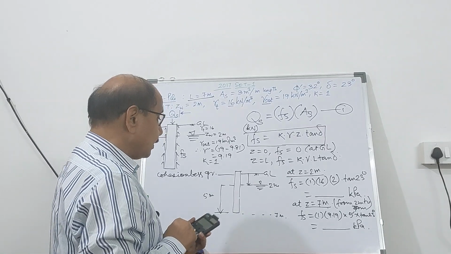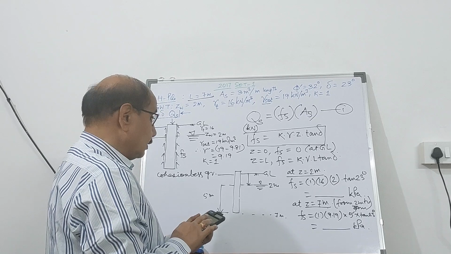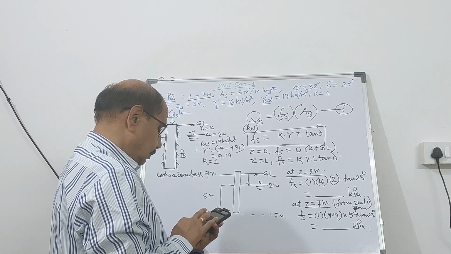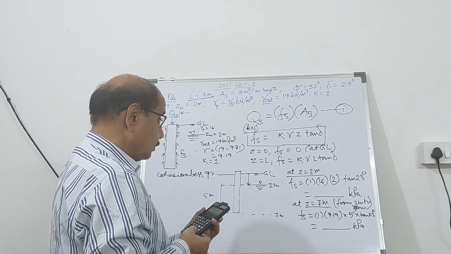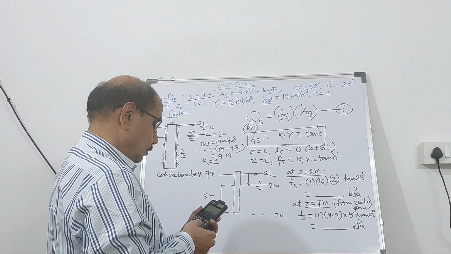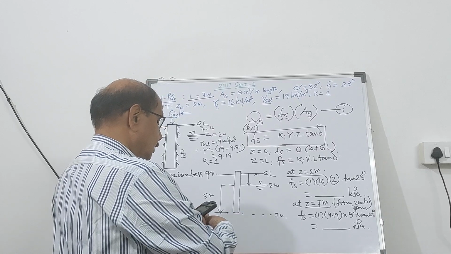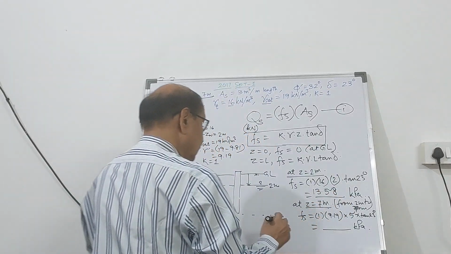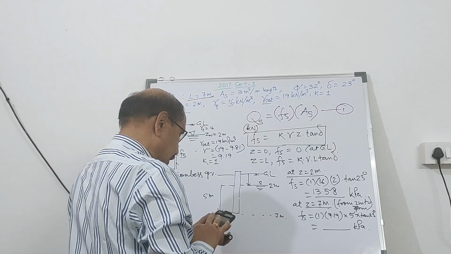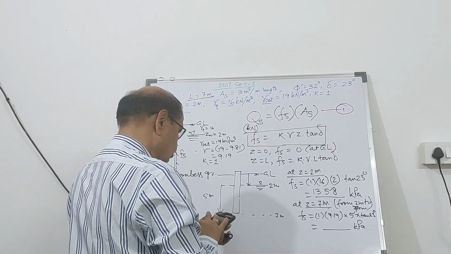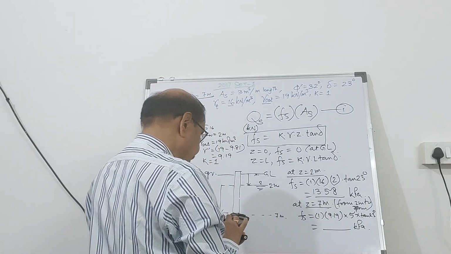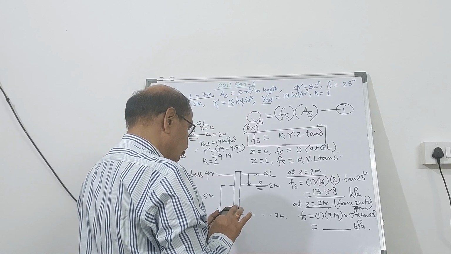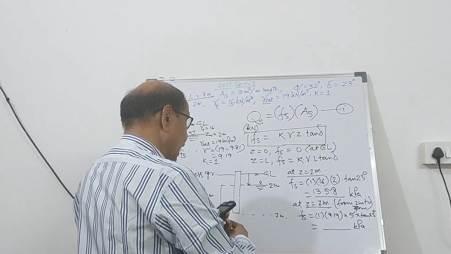So if we calculate, there is 13.58 kilopascal, and for the remaining, this is 9.19 multiplied by 5 into tan 23, which is 19.50.